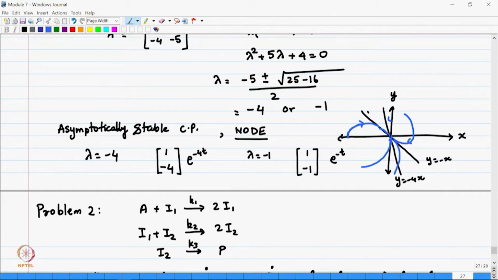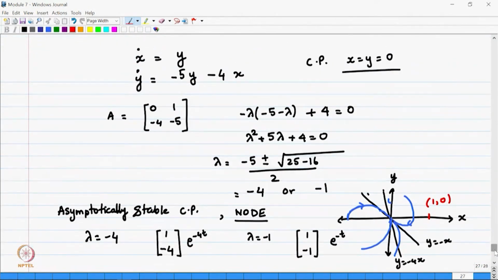Now, suppose I start with a point at x equal to 1, y equal to 0. So, what will be the behavior of this point? Since y is equal to 0, x dot is going to be 0, so it is going to be straight.